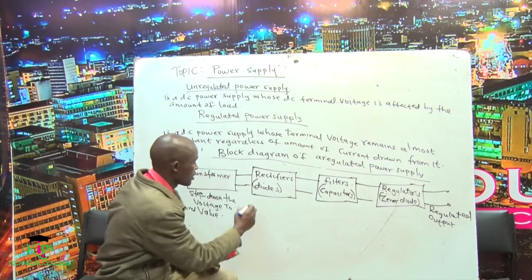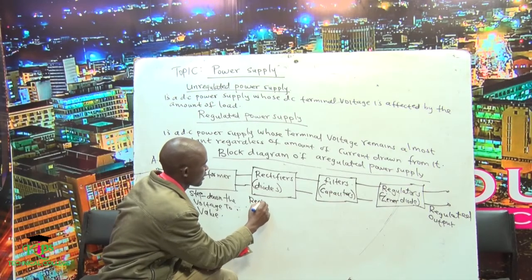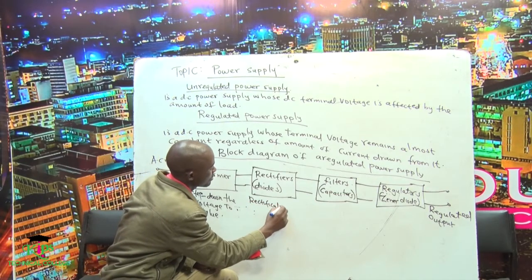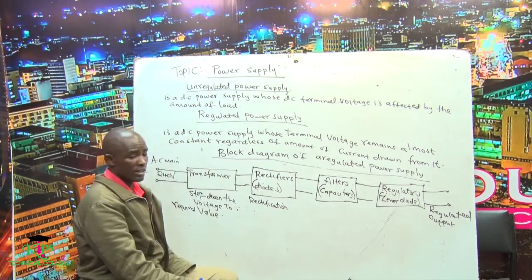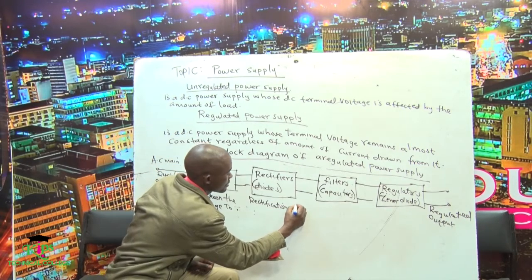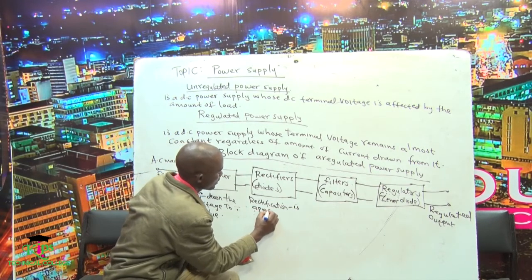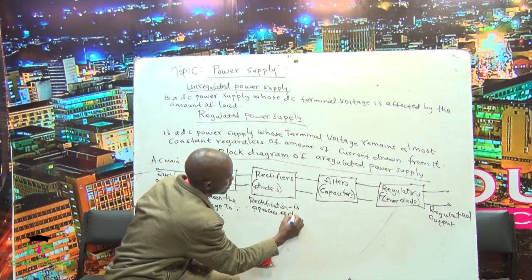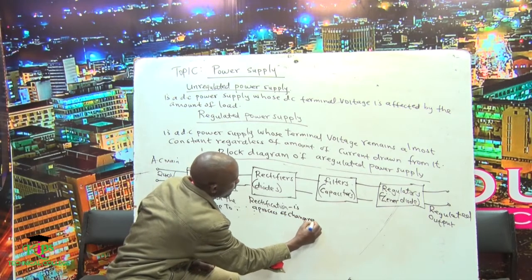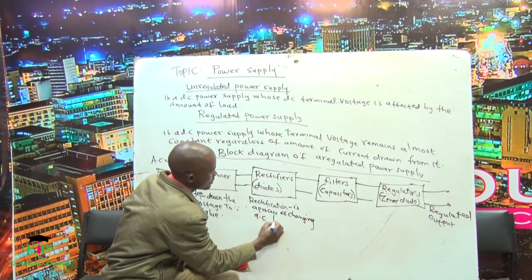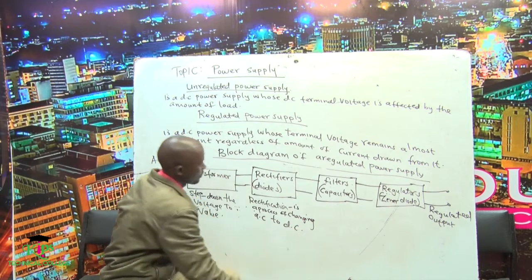The second area we move is the rectifier. Rectifier, we need to know what is rectification first. What is rectification? Rectification is a process of changing AC to DC.